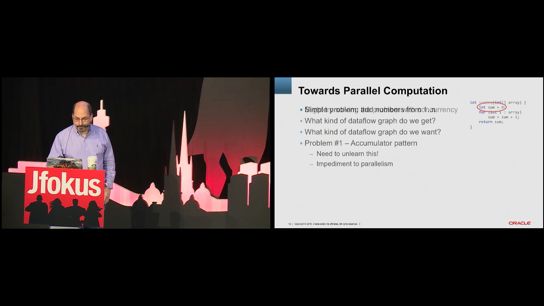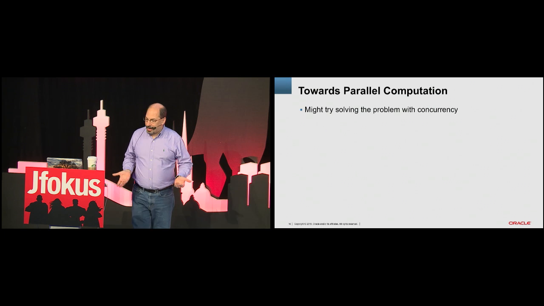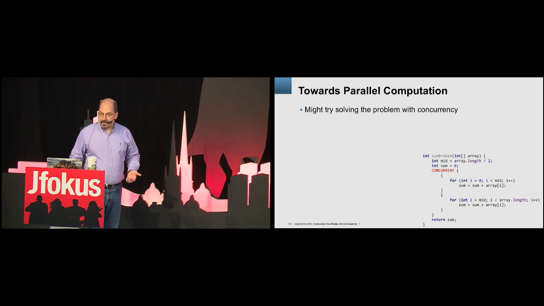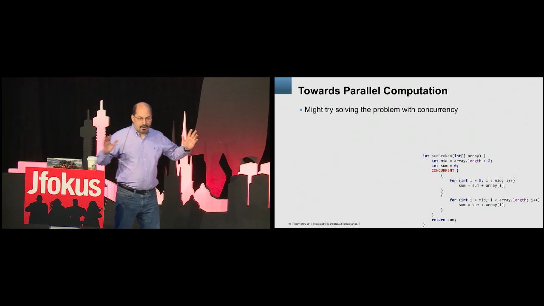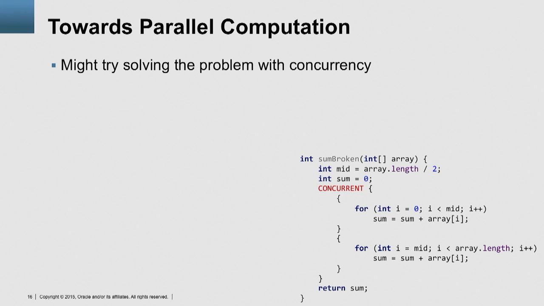We could try to solve this using concurrency, right? So how might we do that? We might say, all right, imagine we have some magic primitive called concurrent that does 2 things at once. Doesn't matter what the details are, just imagine we have this primitive. And let's divide our array in half, and we'll compute the sum of the first half, and we'll compute the sum of the second half, and then we'll add the results together, right?